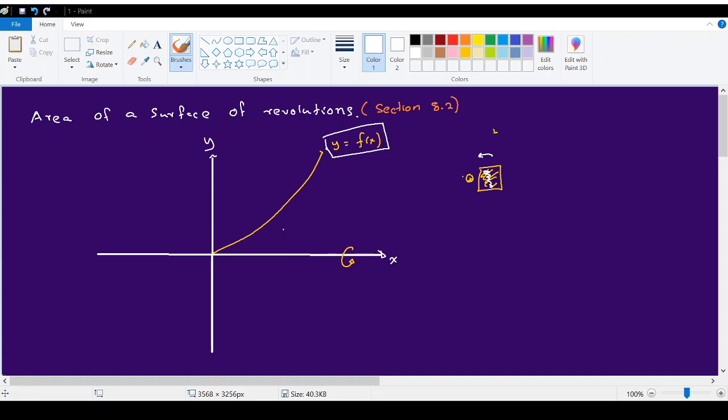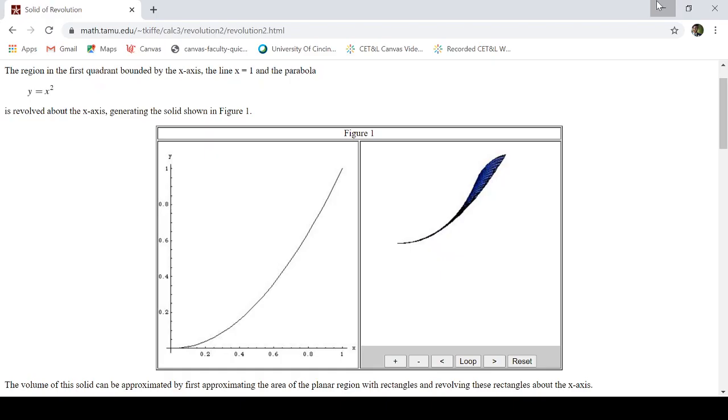I have an animation with me. I can show it to you. Now see this diagram. Here we have this line, something very similar to the one that I drew. And see what will happen if we rotate it across the x-axis.